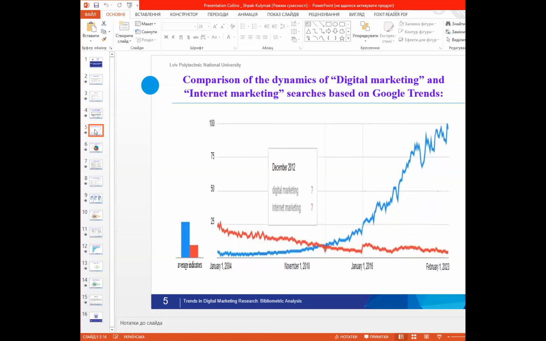The next slide represents a comparison of the dynamics of digital marketing and internet marketing searches based on Google Trends. The blue one, again, is digital marketing. The red one is internet marketing. The difference is huge.